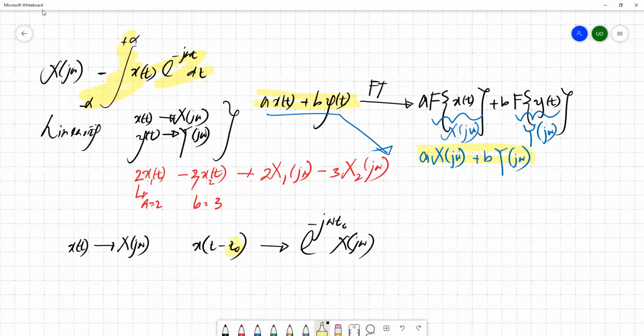So you can add this exponential term in front of the Fourier transform of the original signal. This is the original signal, and this is the time shifted version.